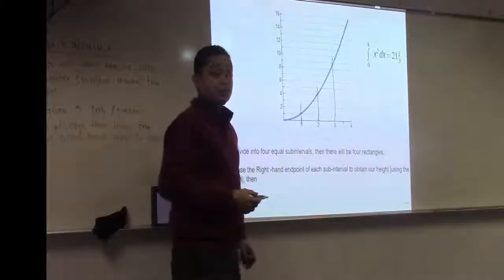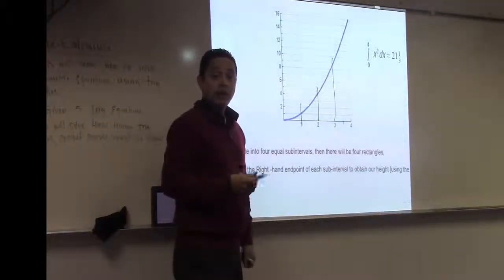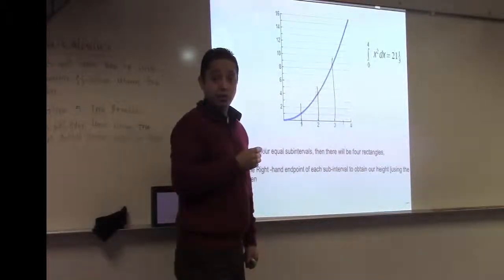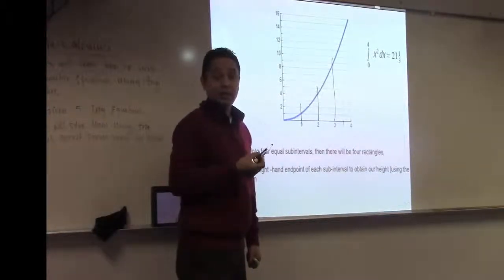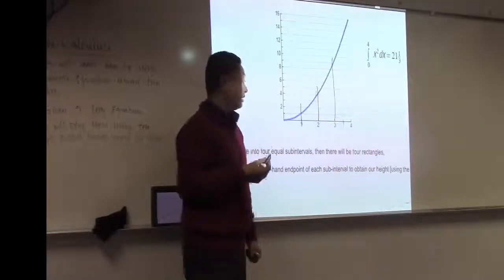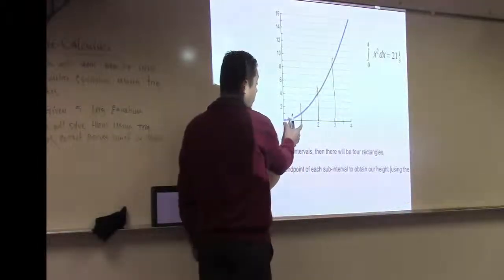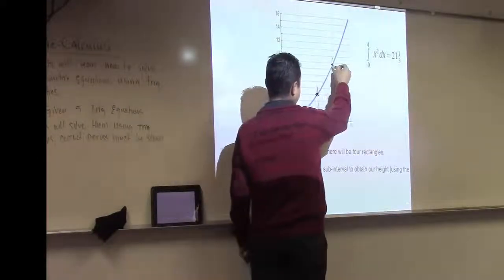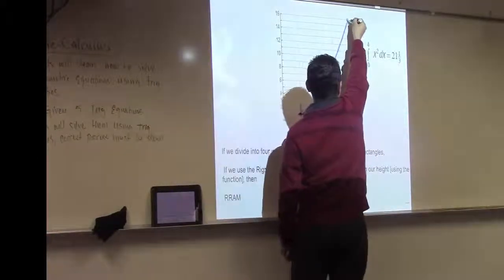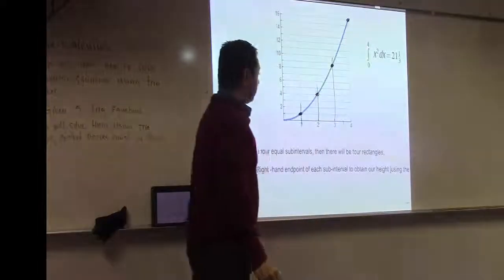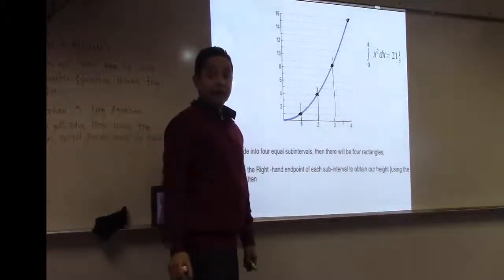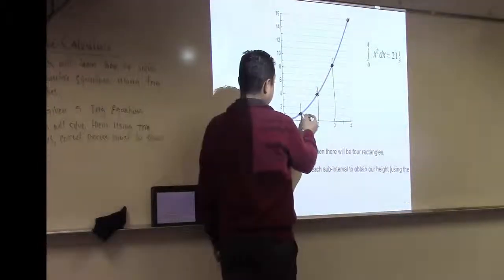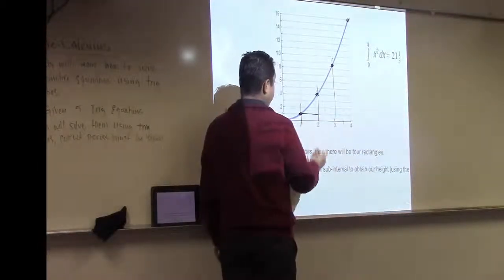And since now I'm doing the RRAM, I need to make those dots on each particular line that I just drew on the right side of each rectangle. So first rectangle, right side, second rectangle, right side, and right side. And you're going to make lines from those dots.